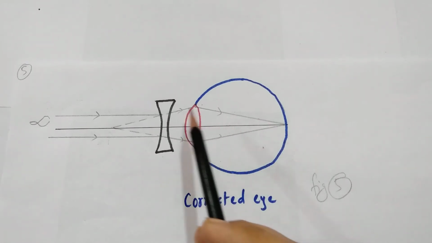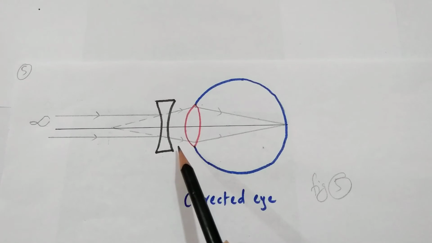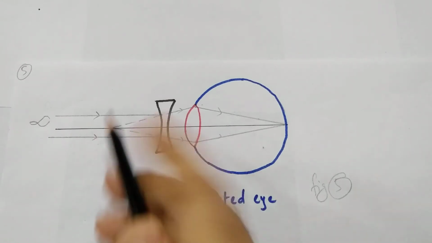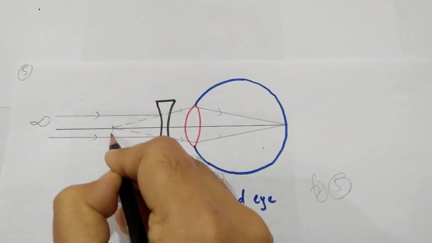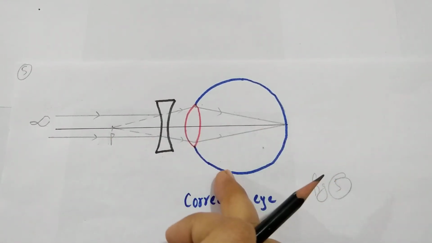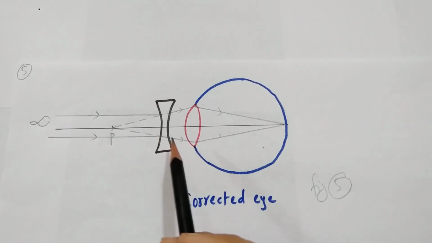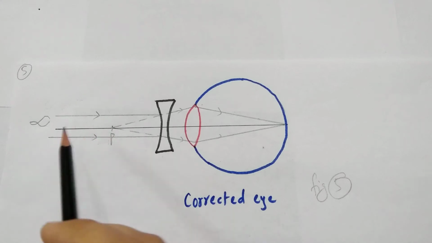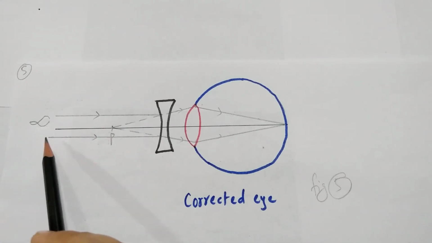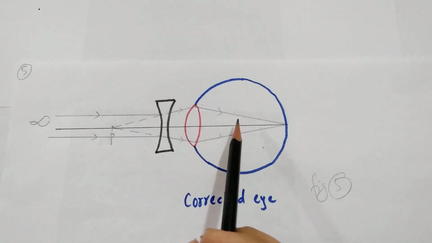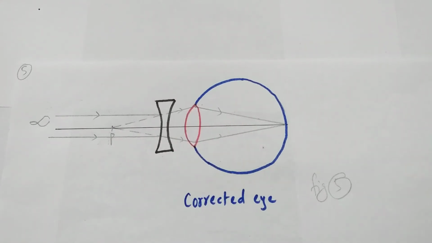But these diverged rays of light appear to come from the far point P of the myopic eye. Hence, this concave lens gives the perception that the object at infinity has shifted to the far point P of the myopic eye. In this way, the defect is corrected.